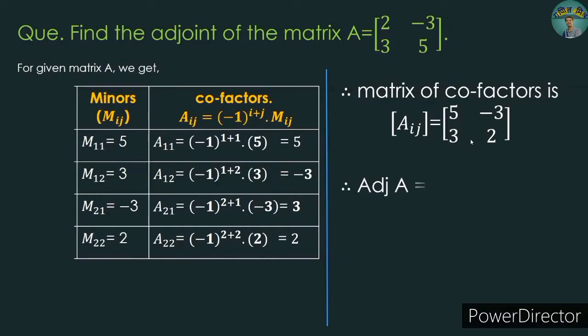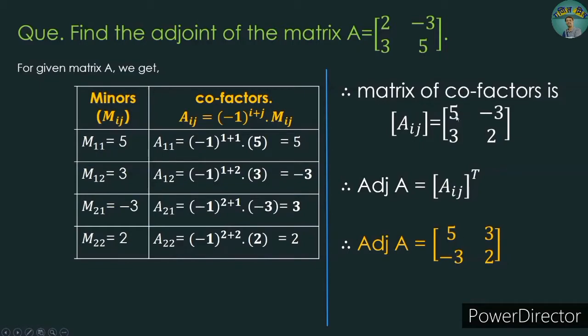Now the next part is the adjoint of A, which is actually the transpose of the matrix of cofactors. So you have to just write the elements which lie in the first row as the first column, and elements in the second row as the second column. So as a transpose we can write adjoint A is equal to, see, 5 minus 3 is vertically written.